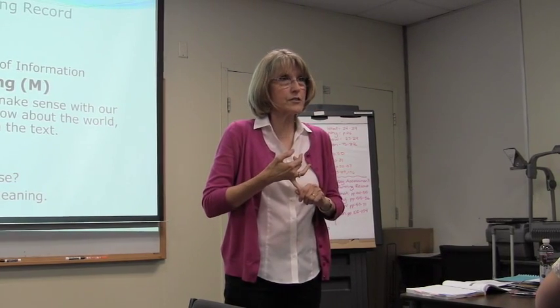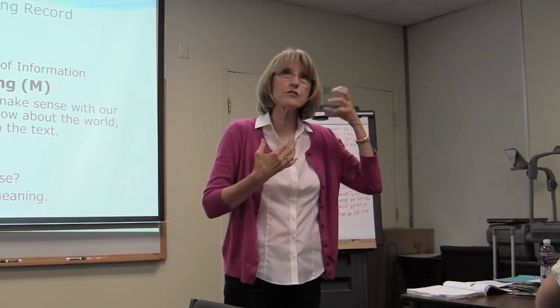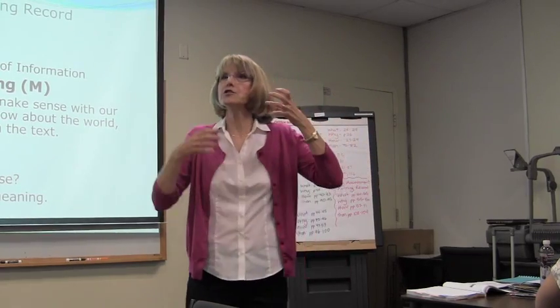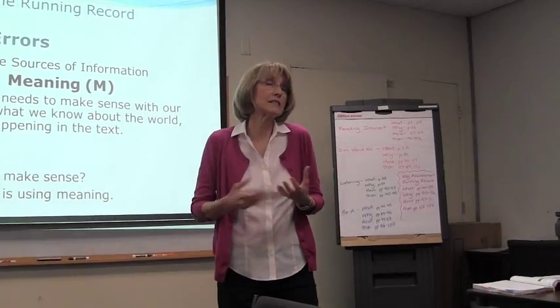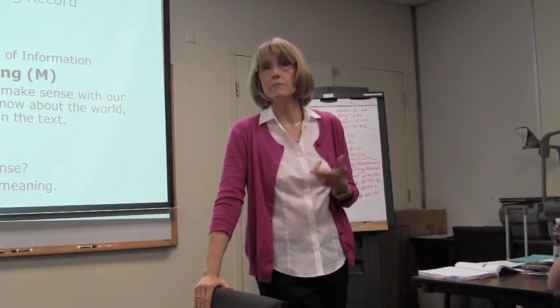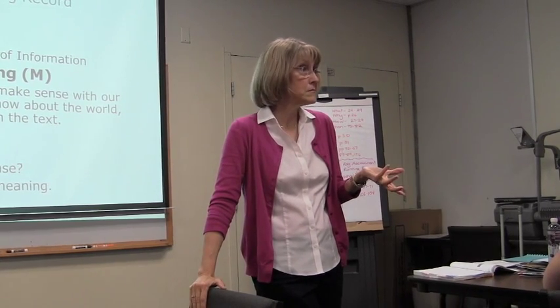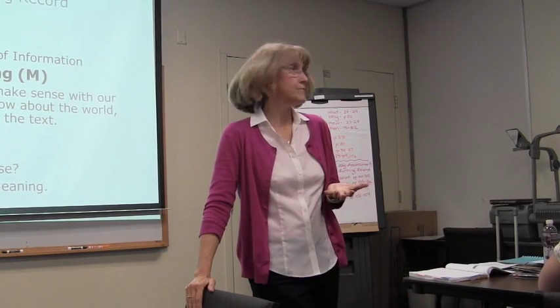It only matters, was that child's brain attending to the meaning of the story? Did that make sense? So let's say the word said puppy, but the child said dog. Makes sense. Let's say the word said puppy and the child said pizza. Probably doesn't make sense in the context of the story.